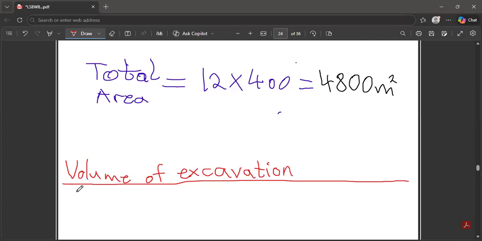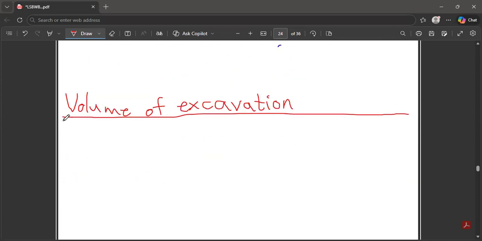So the volume of excavation, that is what they want to do finally, and then see how best we can wrap up.